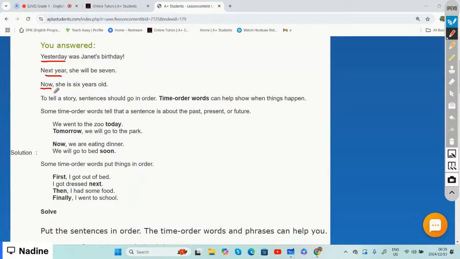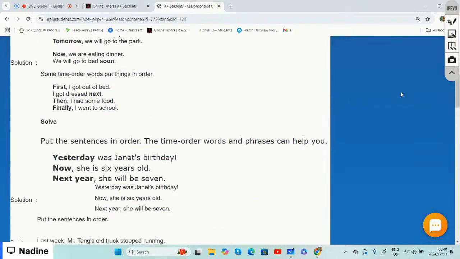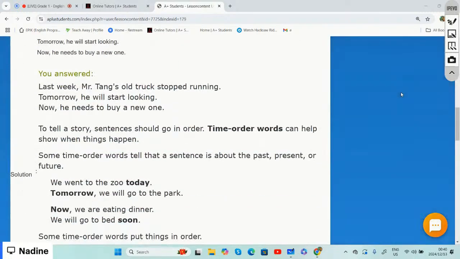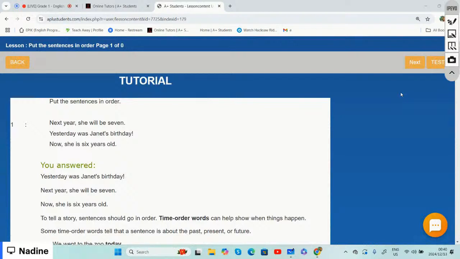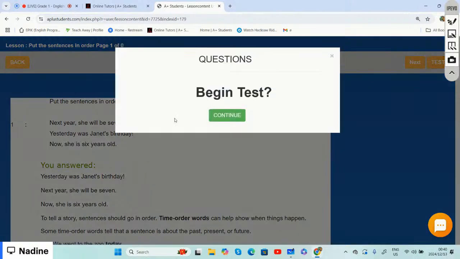So even if you want to put it in order, you can decide to put it in an order that basically shows when things happen. So we're now going to put the sentences in order of when things happened or had happened, right? So let's go to our test.